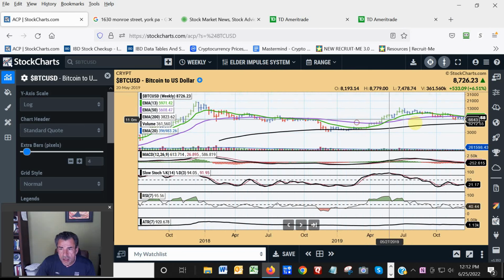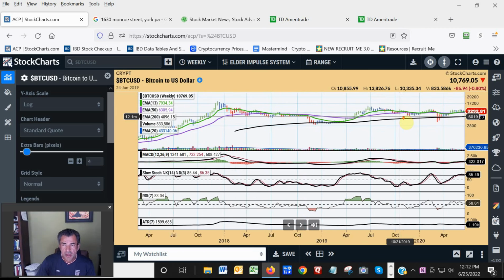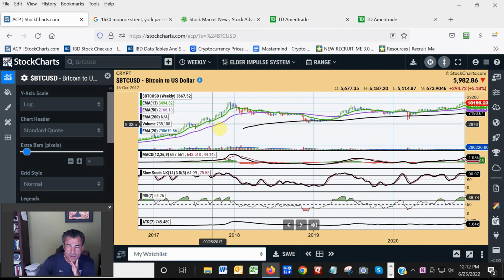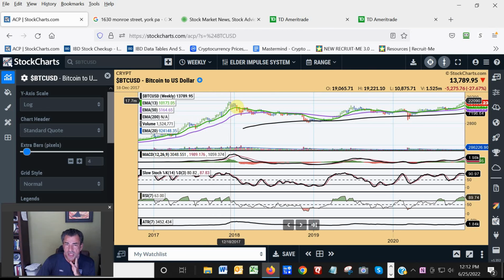Okay? So a common thing that we see in patterns and human psychology is that a previous high tends to become resistance, and it also tends to become support for the chart.